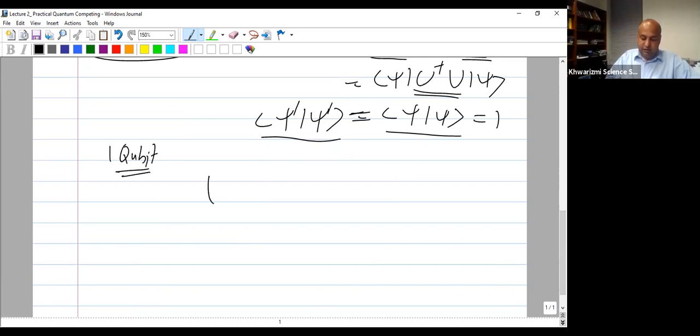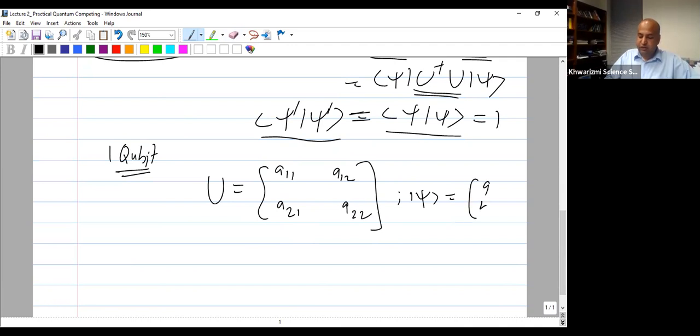this U matrix is a 2 by 2 matrix. Let's call this symbol 2, 1, 2, 2. So this U is a 2 by 2 matrix because our state is also a 2 by 1 matrix.